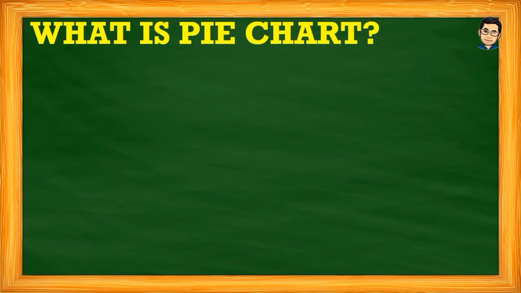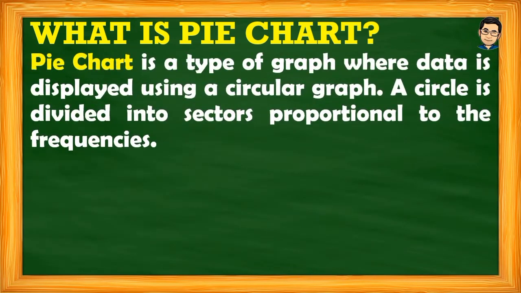Now, to start our discussion, let us define what is pie chart. For those who are not familiar with pie chart, pie chart is a type of graph where data is displayed using a circular graph. Ayan, kitang-kita naman po dyan, we use circular graph, pabilog.